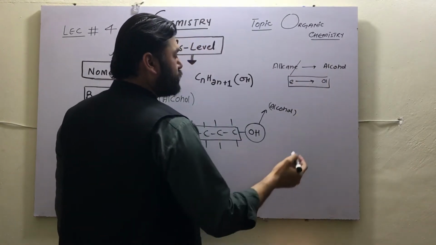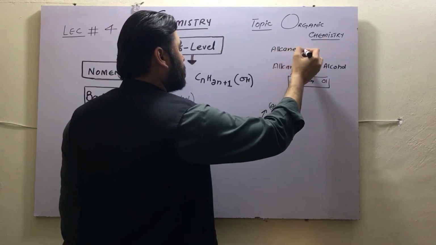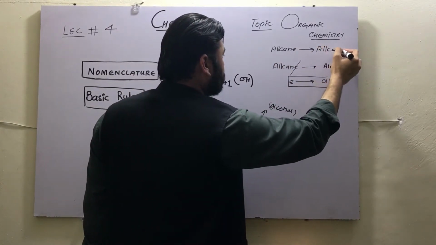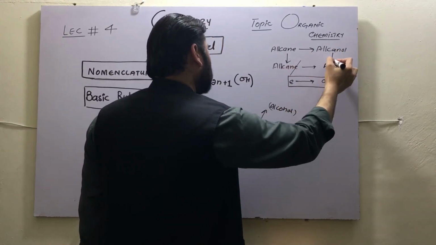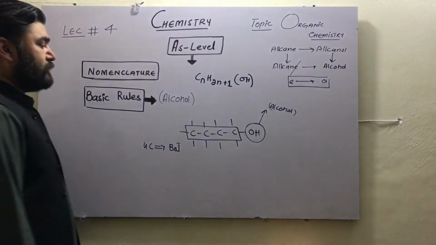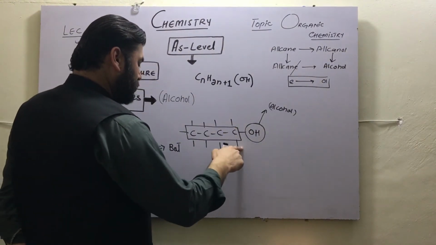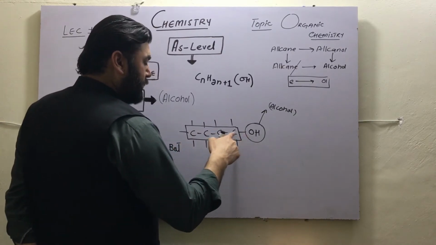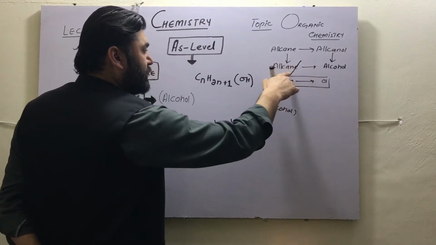All alkanes will be shifted into alkanols. Suppose we have a simple one, 1, 2, 3, 4. This is butane. We remove one hydrogen, remove the E from alkane, and add OL.